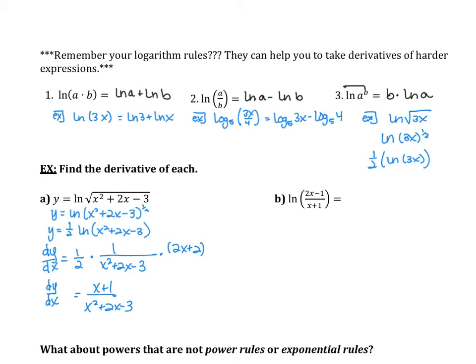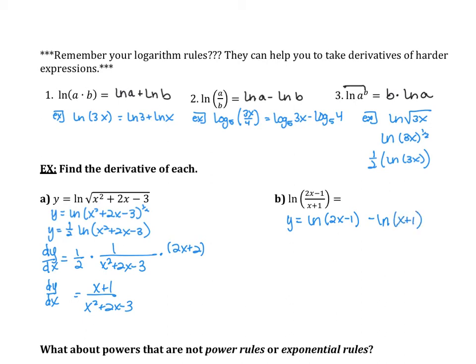Again, using those logarithmic rules, the first thing I'm going to do is rewrite this problem. Oh, I don't even have a y equals. Whoops. We'll pretend it says y equals. So y equals, let's rewrite it using the idea that division in logs means subtraction, so the natural log of 2x minus 1 minus the natural log of x plus 1.